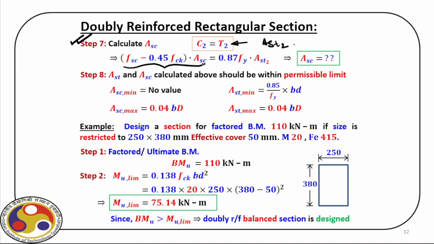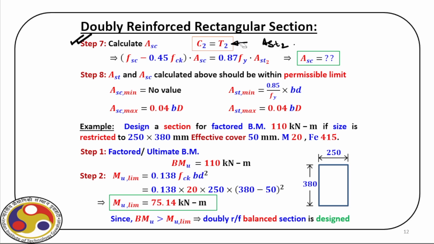C2 is given here: the stress, which is fsc minus 0.45 fck, times ASC, is the compressive force generated over this steel in the compression zone, and that is equated to 0.87 Fy times AST2. We have already figured out AST2, so from this expression we can find out ASC. And our problem is now completely solved, because now we know ASC, AST1 and AST2.